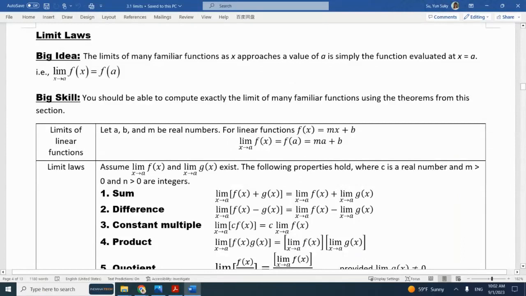So the limit of many familiar functions as x approaches a value of a is simply the function evaluated at a. Do you remember our steps? So when we see a limit problem, the first step we try to plug in a number and see what happens. If we get something weird like 0 over 0, we don't know what it is.